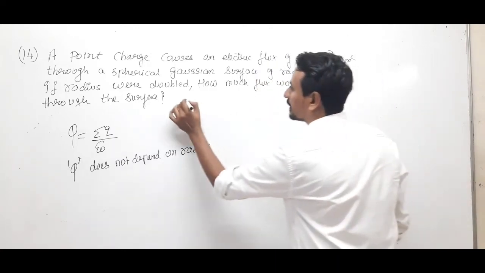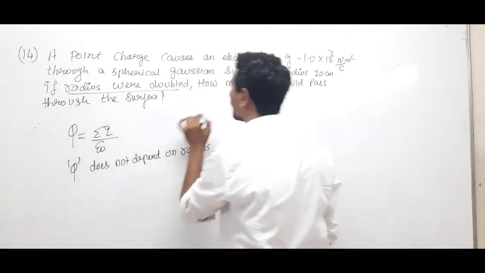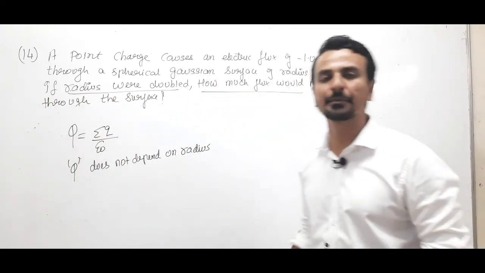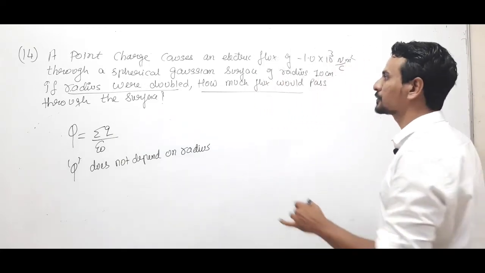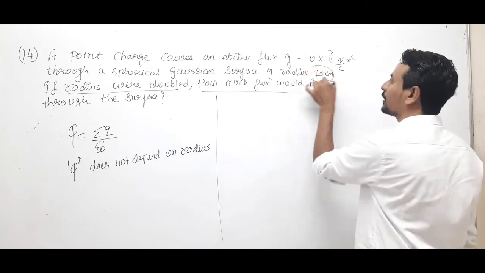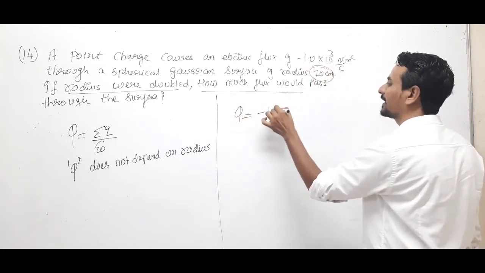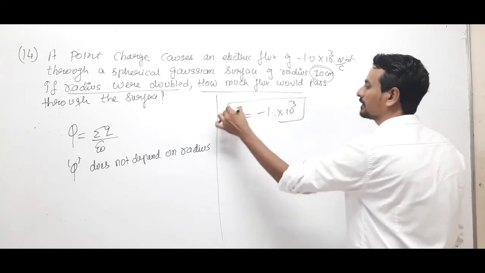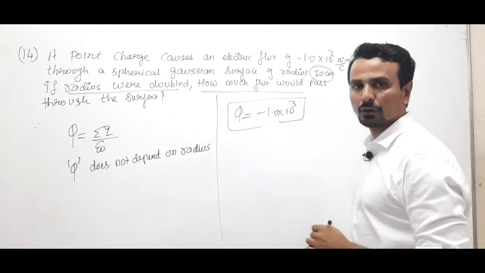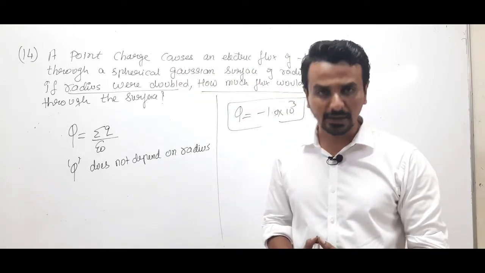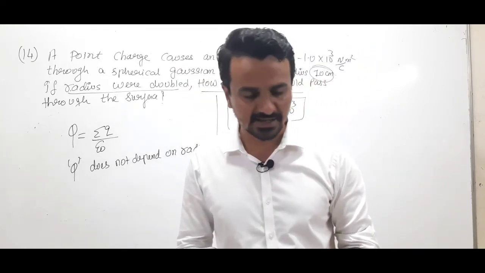If you make the radius double, then the flux passing through the Gaussian surface will remain the same because flux is independent of radius. So through the radius of 20 centimeter, that means double of 10, the same flux of minus 1 × 10^3 will be passing through the Gaussian surface, as flux does not depend on radius. Got it? Clear? The next one.